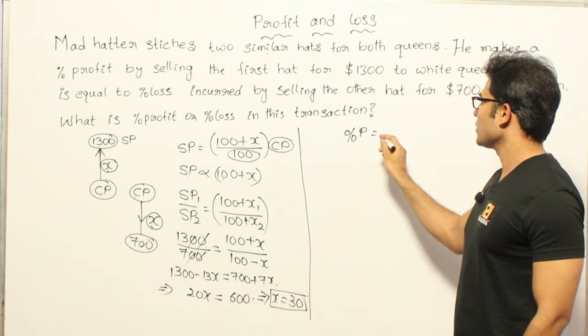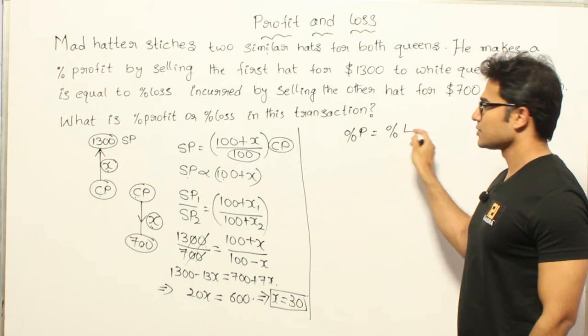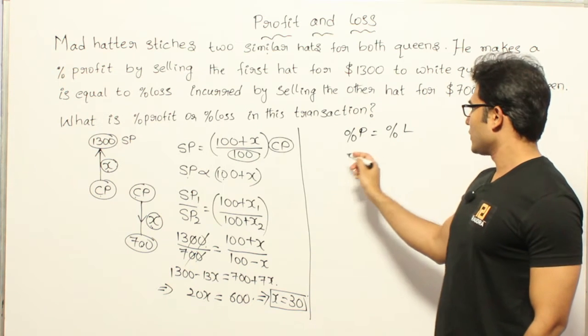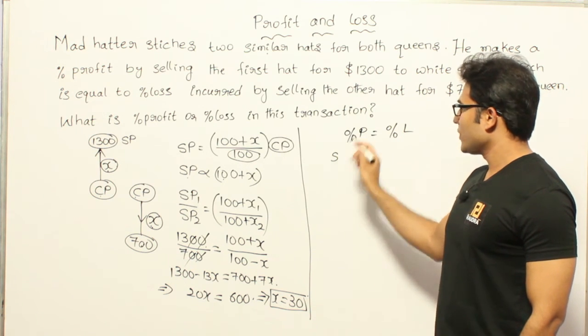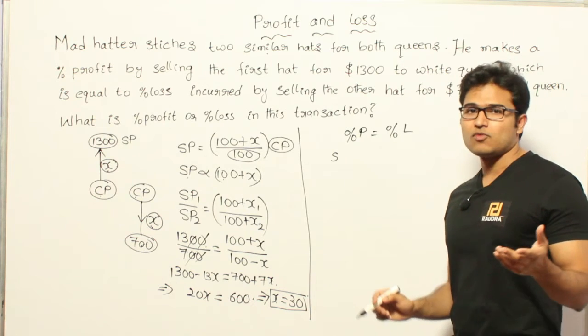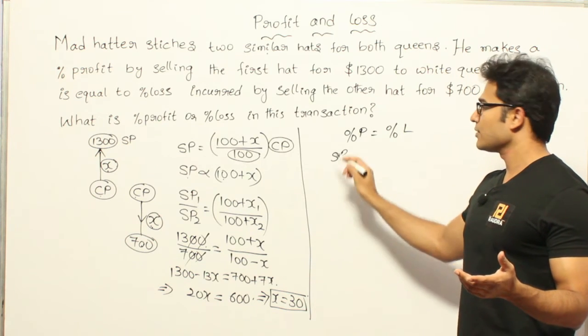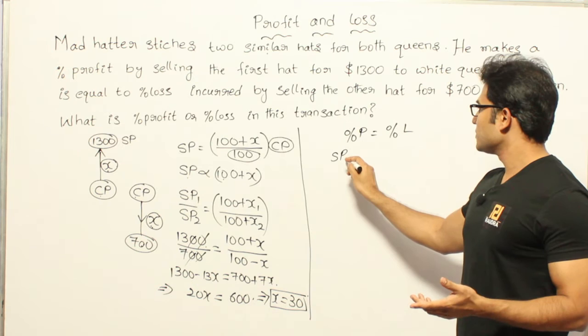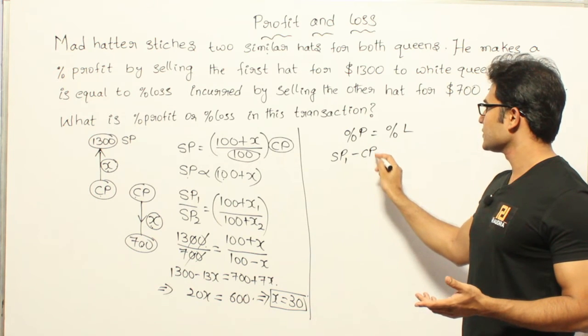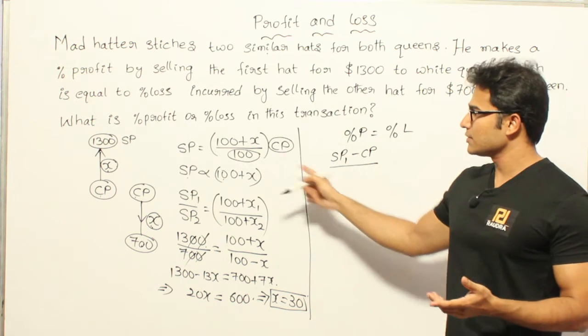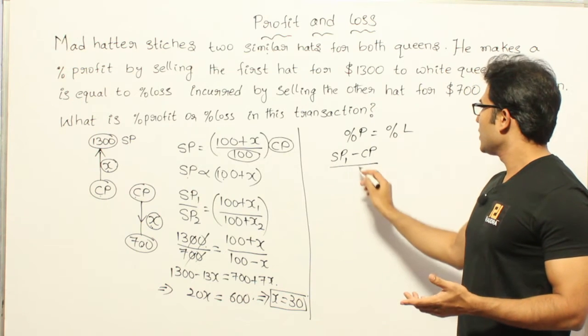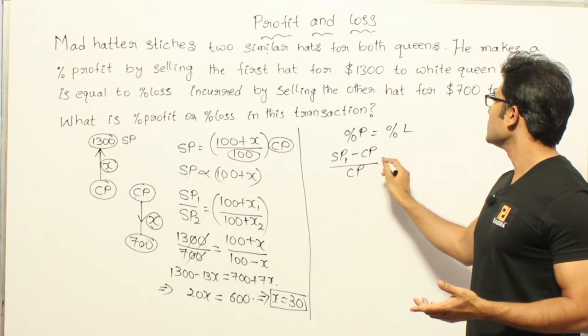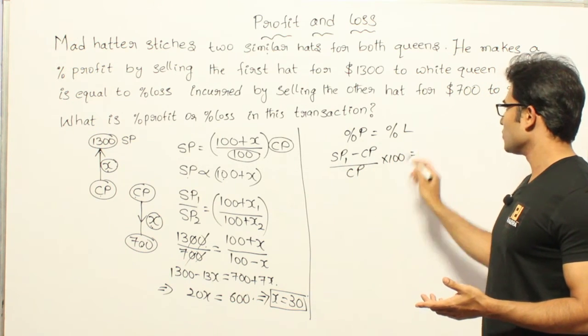When do we get profit? Whenever selling price is higher than the cost price. So (SP1 minus CP) divided by CP into 100, where SP1 is 1300, is equal to the loss percent.